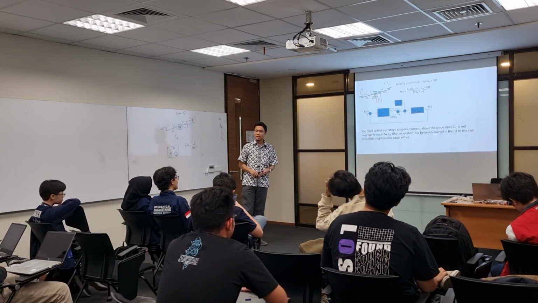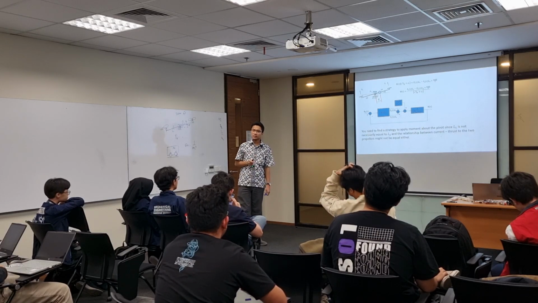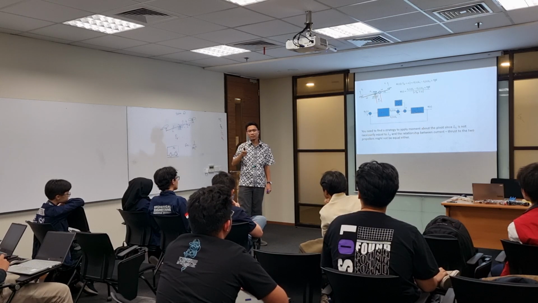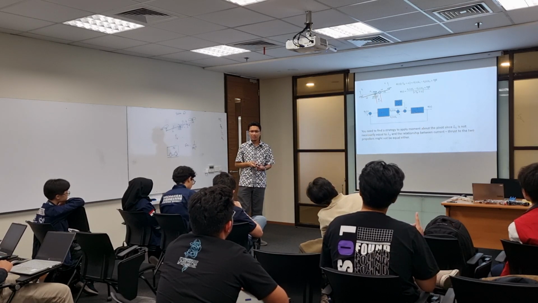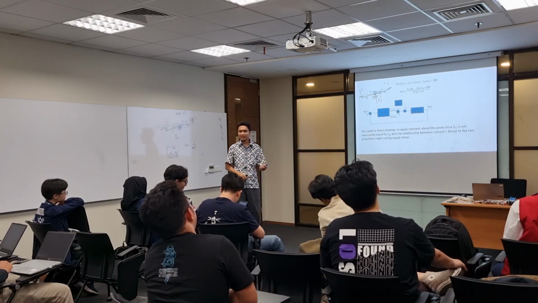There is a saying that I want to say here. You cannot control a variable that you cannot measure. You want to control the angular position, so you have to get that measurement.